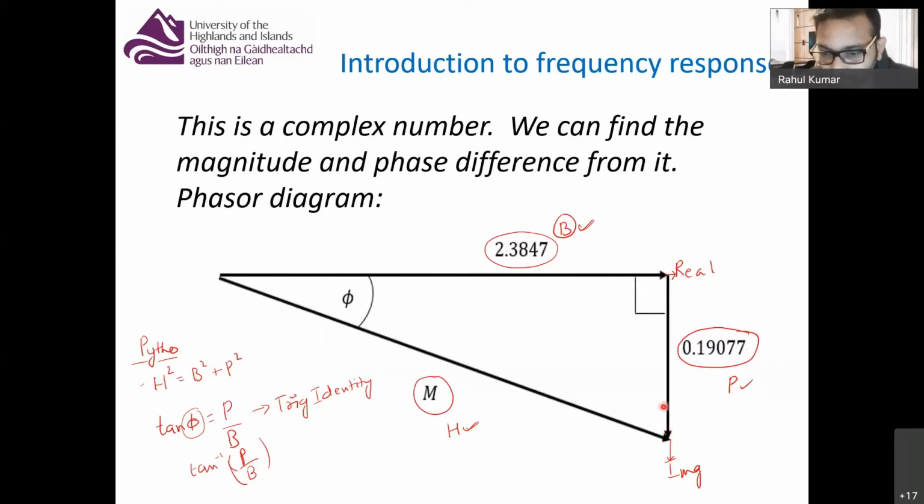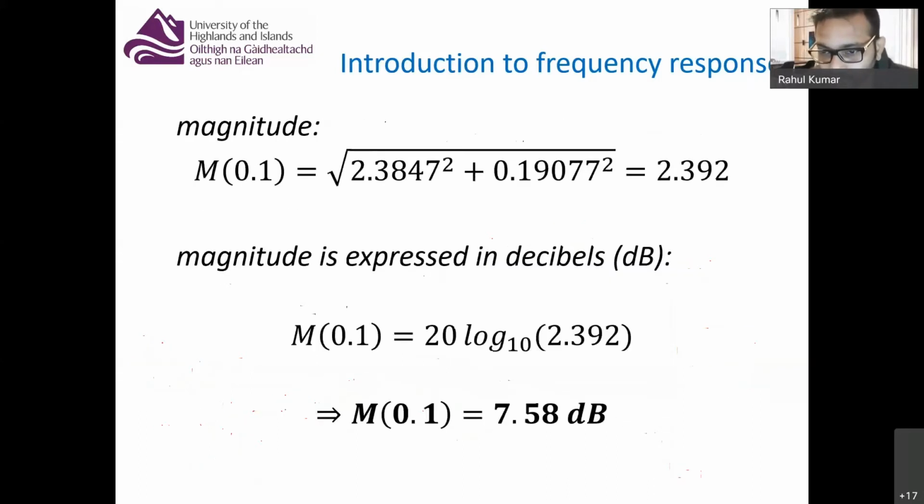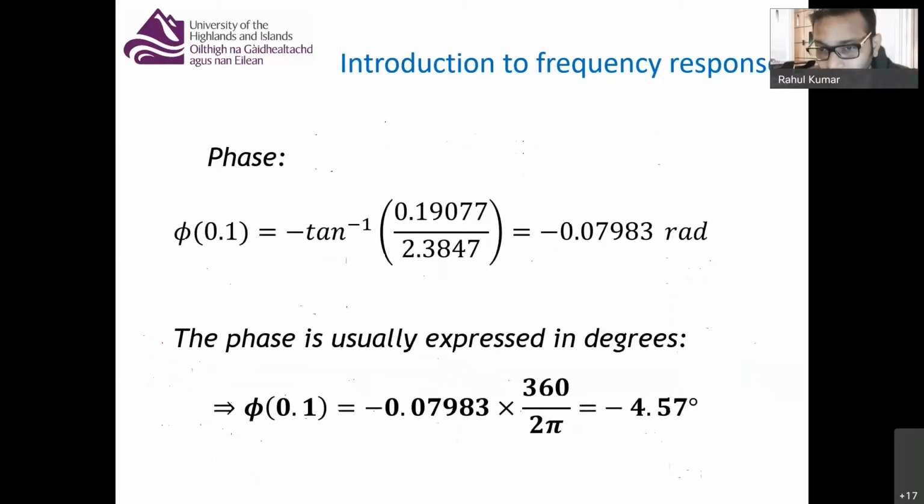So that is why we consider it negative. So we have a negative angle here. Whatever this calculation comes out to be, you have to consider it a negative angle. We calculated the tan inverse of this ratio and get 0.079 or approximately 0.08 radians, and it's a negative angle.